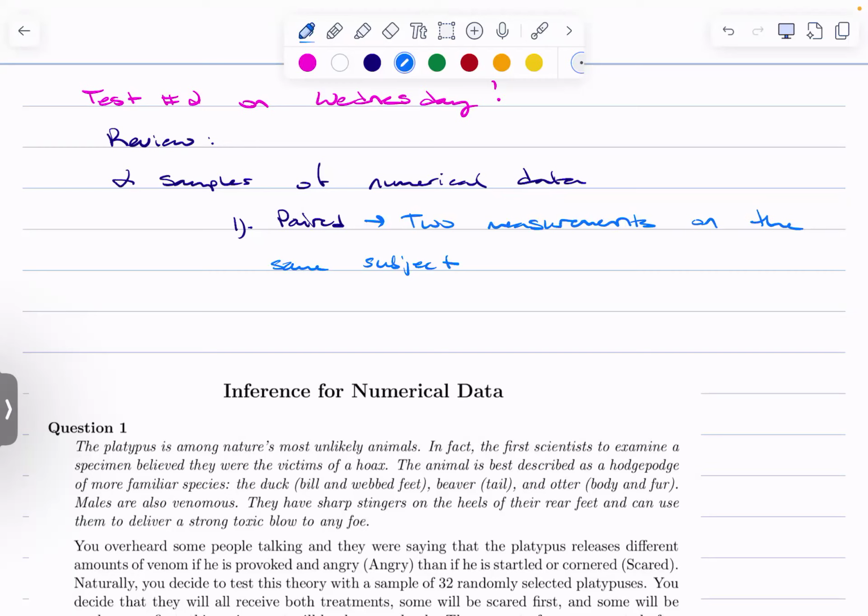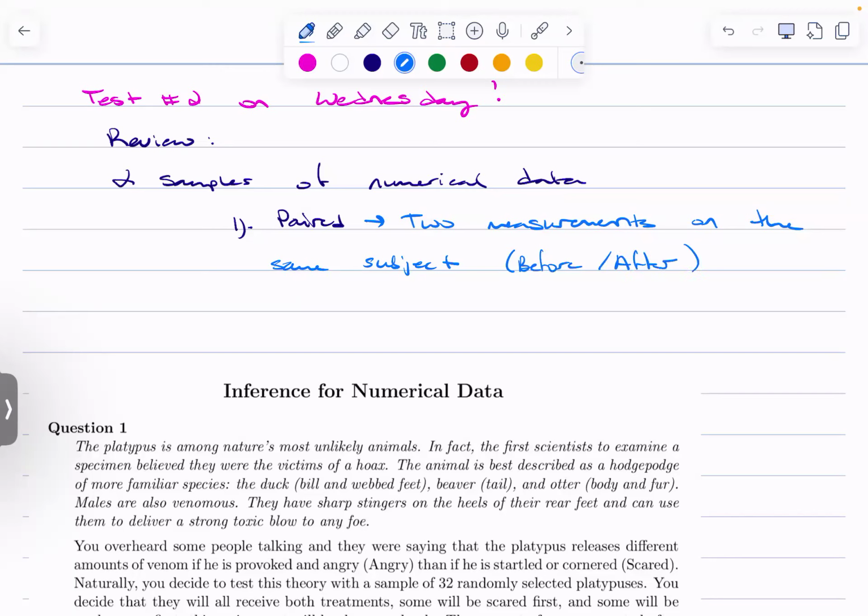It doesn't have to be the same subject, but the idea is that we're trying to eliminate the variability within the subjects. Before and after scores are pretty common.